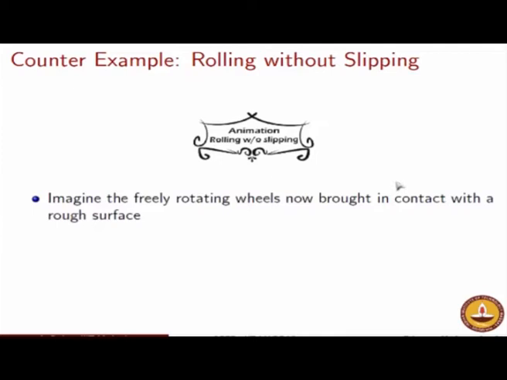It may occur that a very large object can be idealized as a particle, whereas even a small object may not have the particle idealization. So the particle idealization has actually nothing to do with the size of the object. It has to do with the type of motion that you wish to analyze.